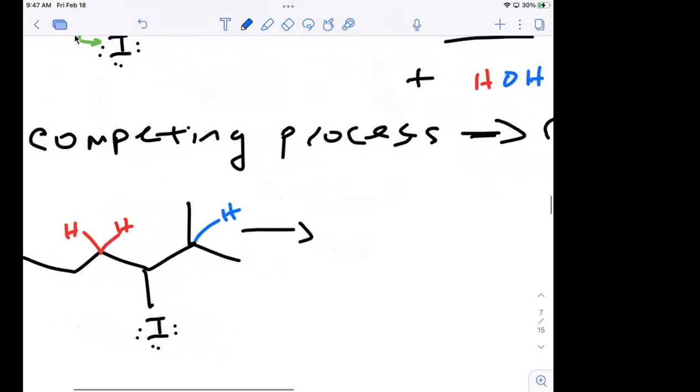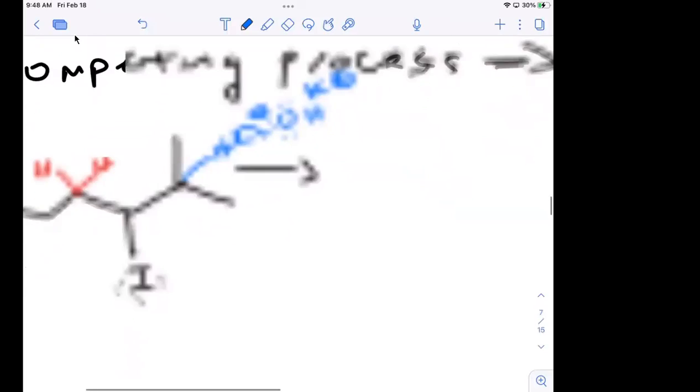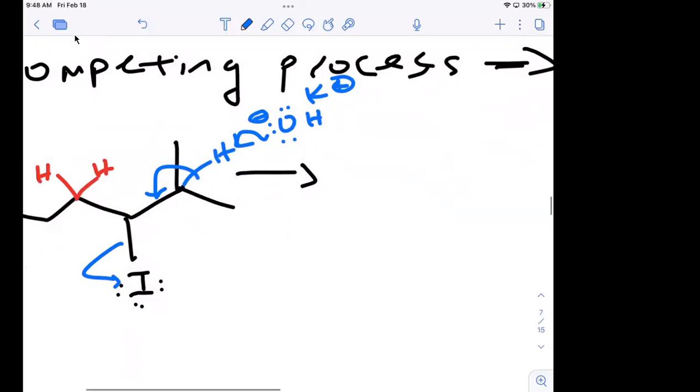All right, so we get another mole of KOH that's going to do proton transfer. I might as well leave it the same color. So that's coming here like so, and then this is coming here, and then I'm going to lose my leaving group. Exact same mechanism, exact same arrows, exact same everything.